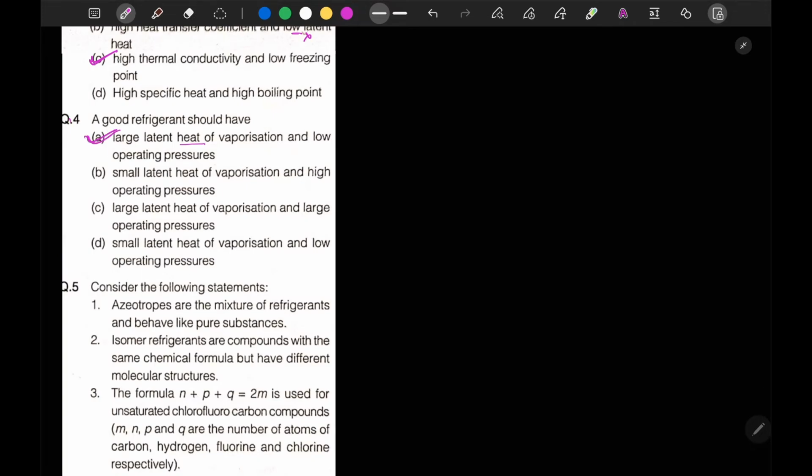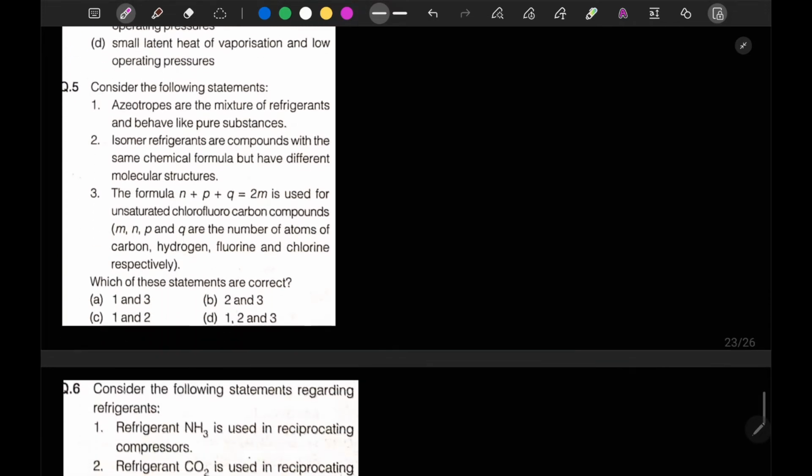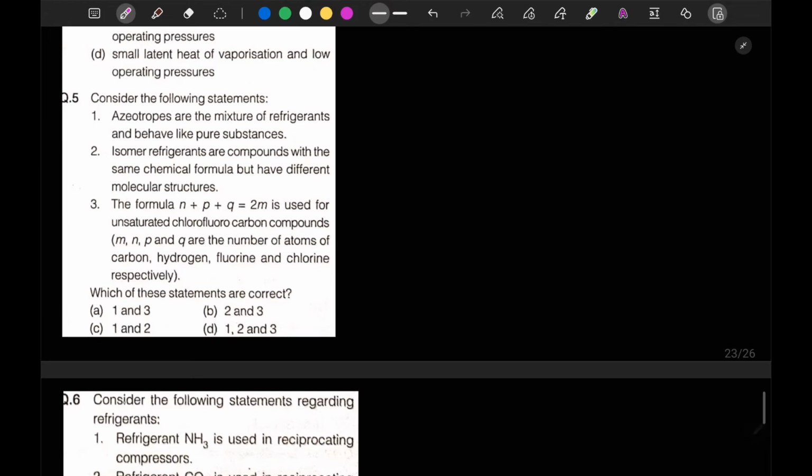Okay. Now moving to question number 5, it is mentioned: consider the following statements. Azeotropes are a mixture of refrigerants that behave like a pure substance. Correct. Isomer refrigerants are compounds with the same chemical formula but different molecular structure. This is also correct, like in case of R134, we have R134a and R134b.